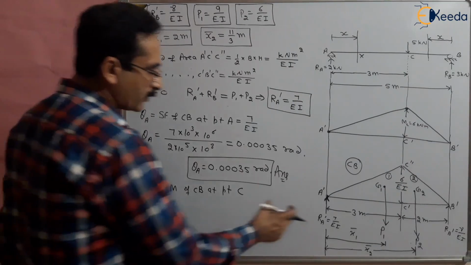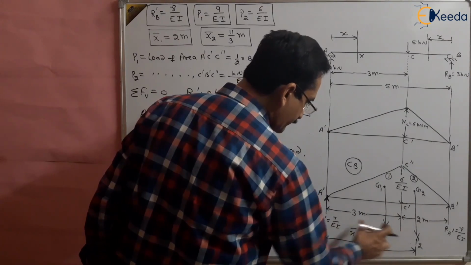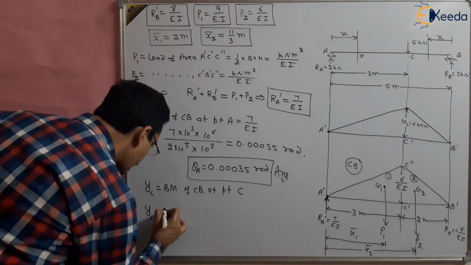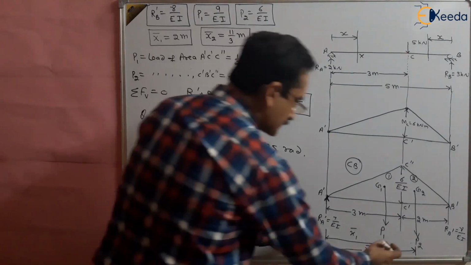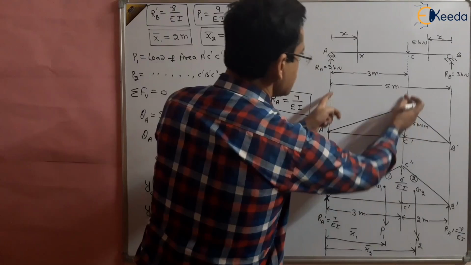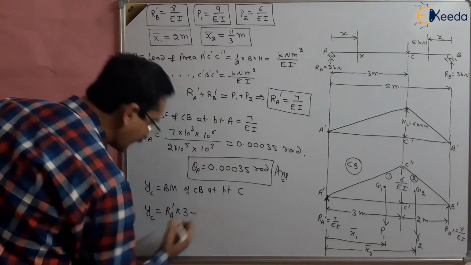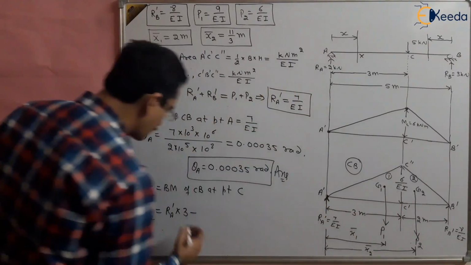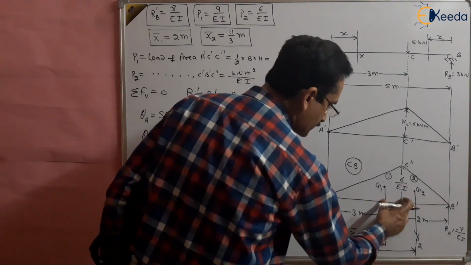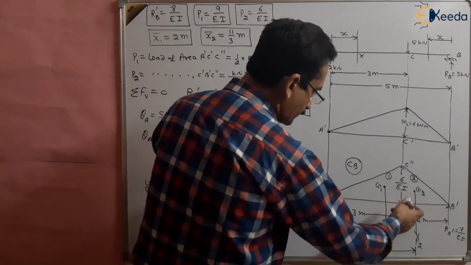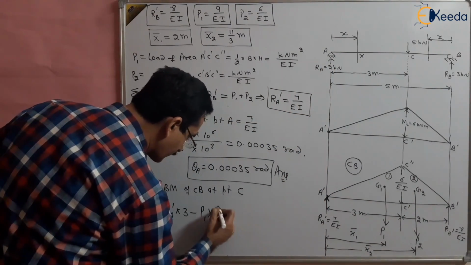That will be equal to the moment of RA dash and the moment of P1 about point C, because there are two forces. So the moment of RA dash multiplied by the distance, and this distance is 3 meters, minus the moment of P1 about point C. This distance is 1/3 of the 3 meters, 1/3 of the total distance between these points.